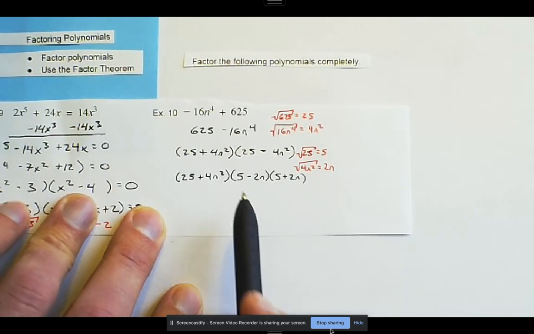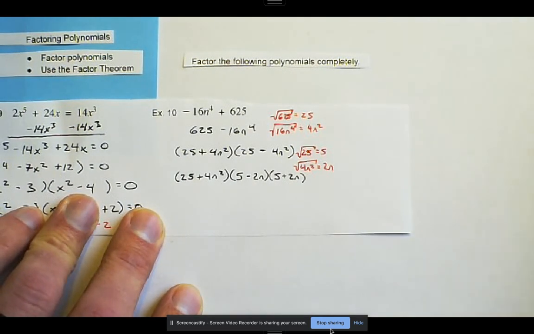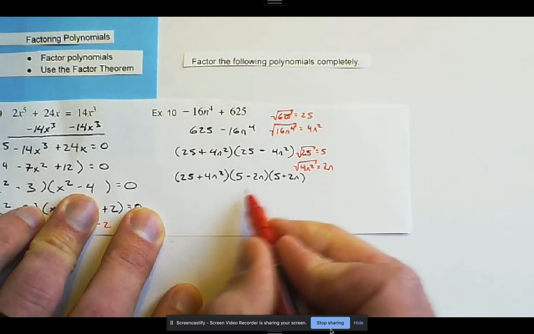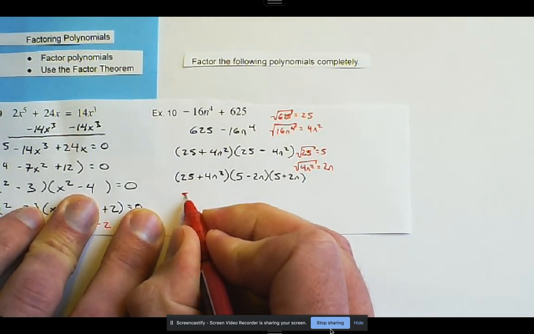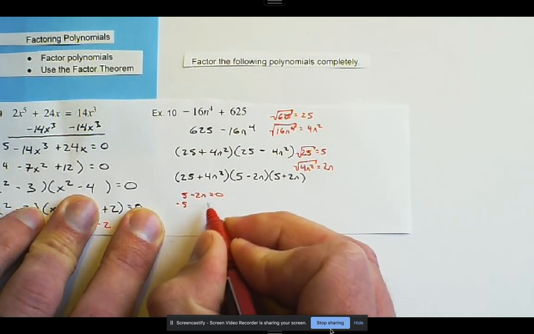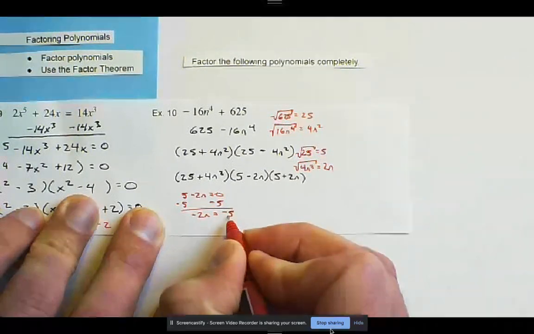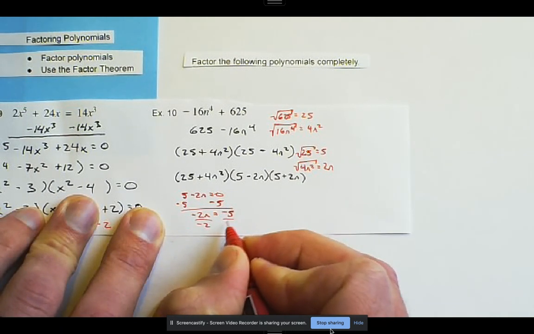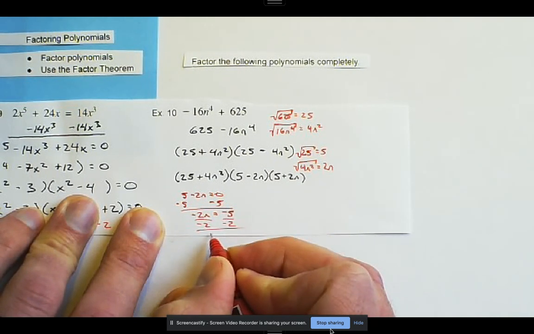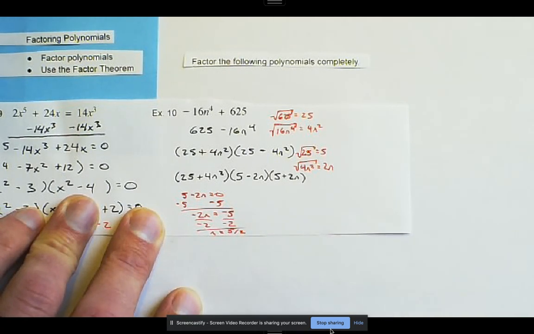If we solve these for our zero product property, for these two here, we say 5 minus 2n equals 0. So we subtract 5. We get negative 2n is equal to negative 5. Divide by negative 2, and we get n is equal to 5 over 2.